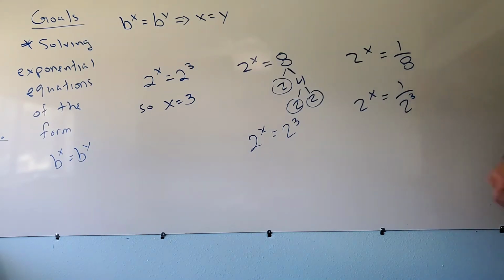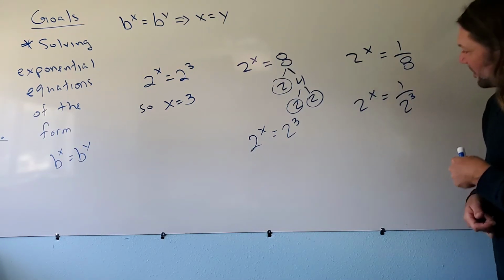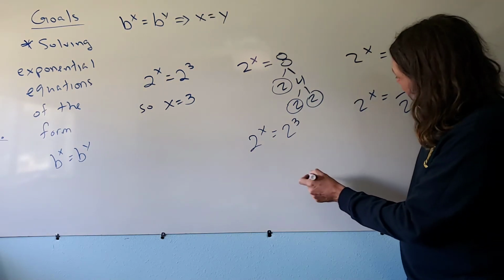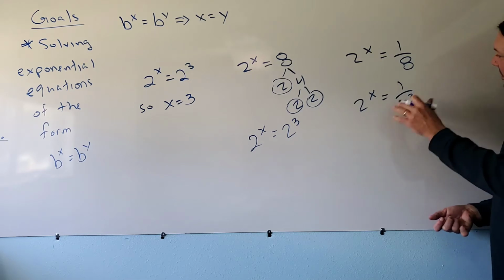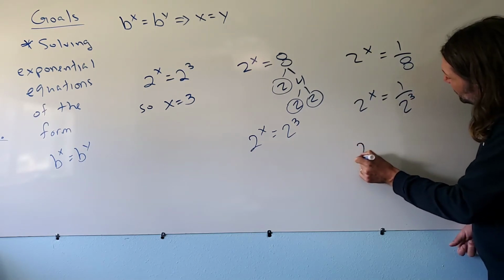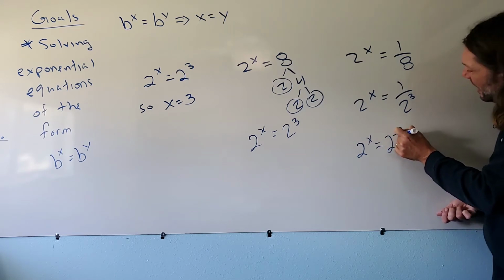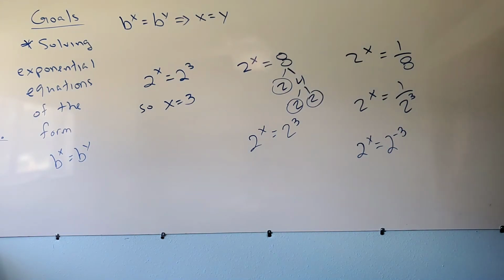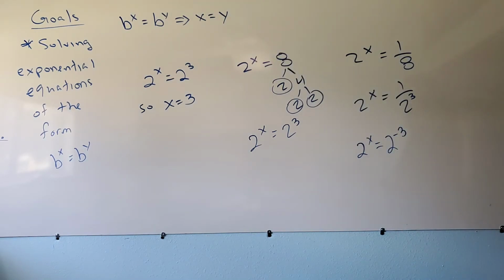And remember, I can flip a number. This is a little bit of a creative use of an algebraic property we saw earlier, where if I get a negative exponent, I have to move it to the other side of the fraction bar. So what I'm actually going to do is write it like this. And now I've created exactly the form I need to work with.